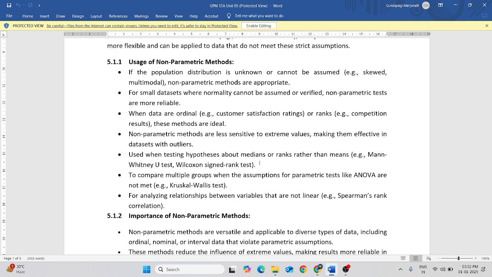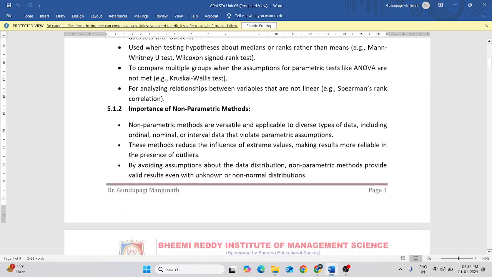We can also use it for analyzing relationships between variables that are not linear. An example is Spearman's rank correlation. Actually it is a parametric test, but for finding the relation between variables, here also we can use the non-parametric methods.